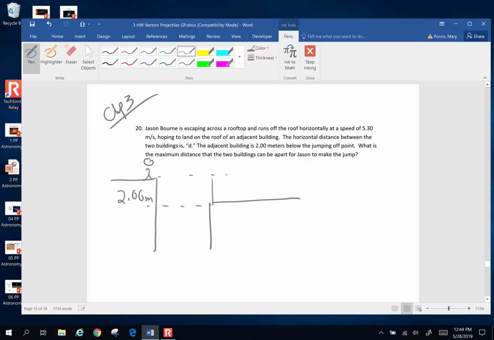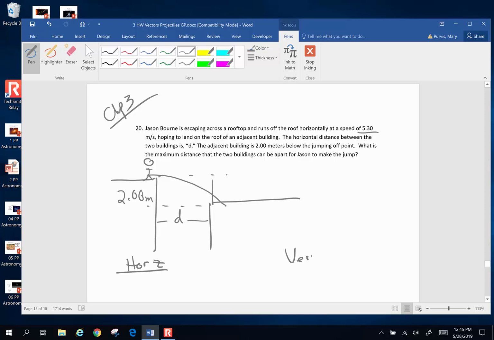We have a superhero that's going to be going between the two, and he has a velocity of 5.3 meters per second, which is not terribly fast. We want to know how far apart these two buildings can be and not have Jason Bourne fall to a sad crash at the bottom.